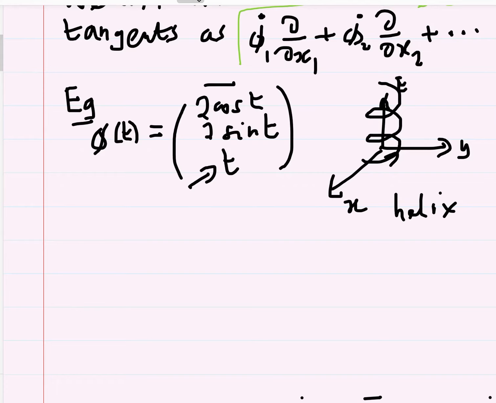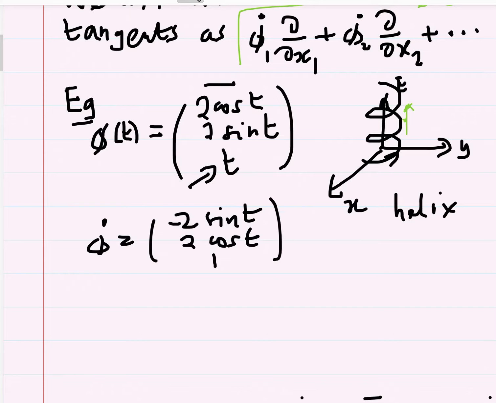Right? So at any point, say on the helix, you'd have a tangent. And the tangent for a specific t value is given by phi dot. So in this case it will be minus 2 sine t, 2 cos t, 1.